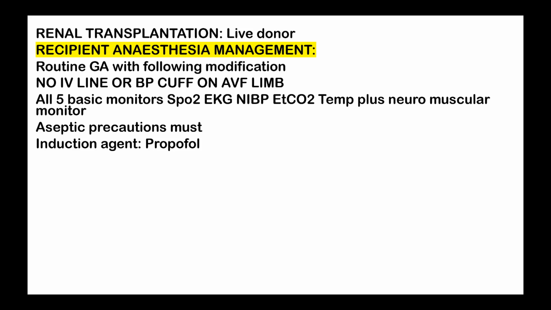And aseptic precautions are very, very important because these patients will be immunocompromised because of immune suppression, which is given as a premedication. Three types of immunosuppressants are used. One is the calcineurin inhibitor, second is anti-proliferative drugs, and third is anti-inflammatory drugs.